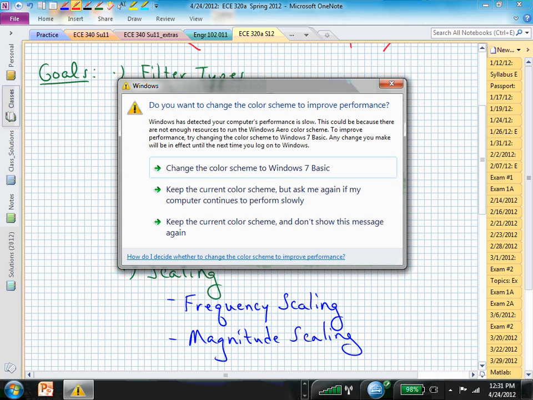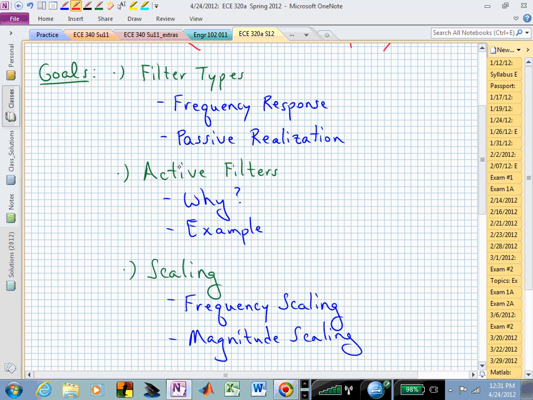Once we do that, then we can realize that shape in a circuit. And we'll quickly look at some passive realizations of the 4 different types of filters. Then we will move into active filters, which we've already analyzed in terms of transfer functions.